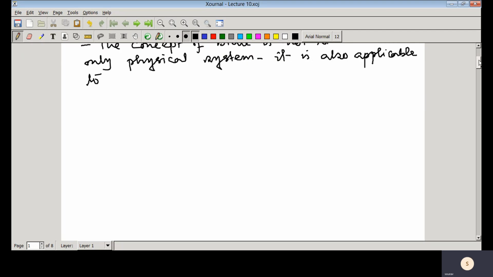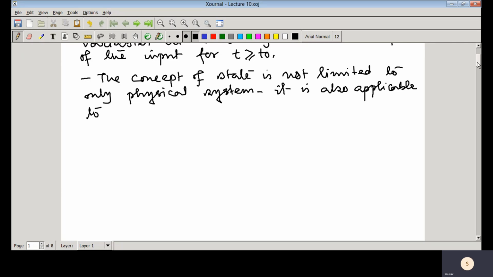so from here you can see that to find a mathematical model of any social system or economics, you can also use the state space modeling technique.